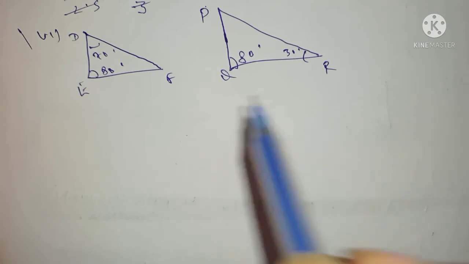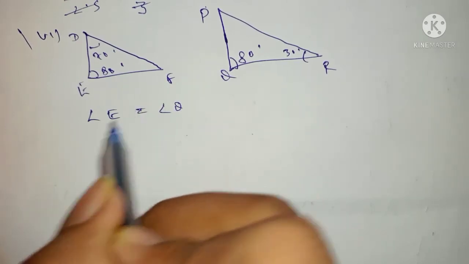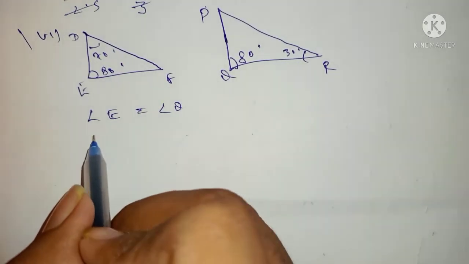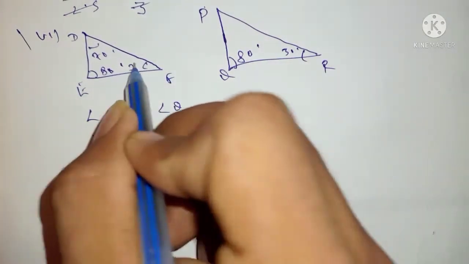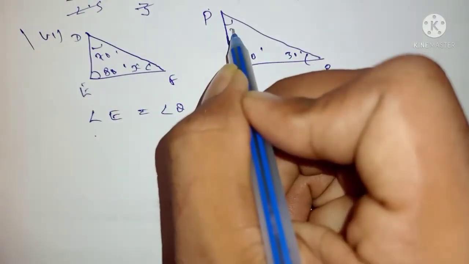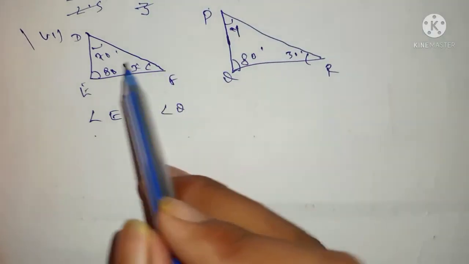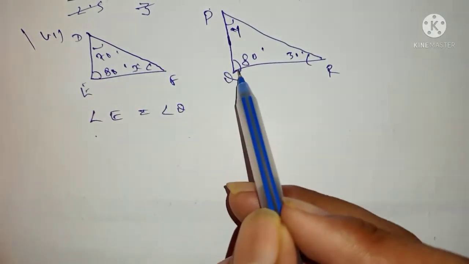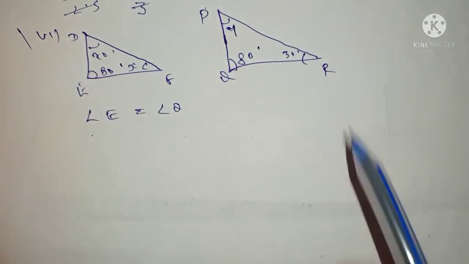So what we can say, angle E is equal to angle Q. Okay, and this is our X and this is our Y, because we cannot say that X angle 80 is equal to angle E is equal to angle Q, so angle D will be equal to angle R.